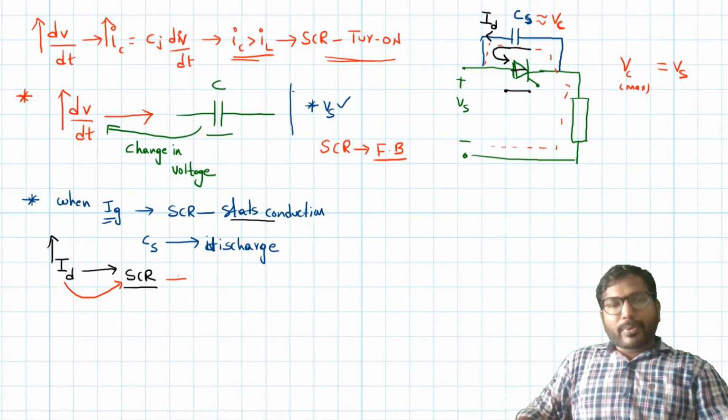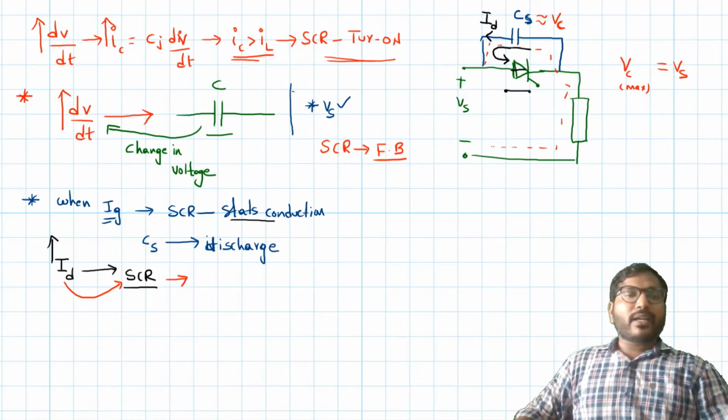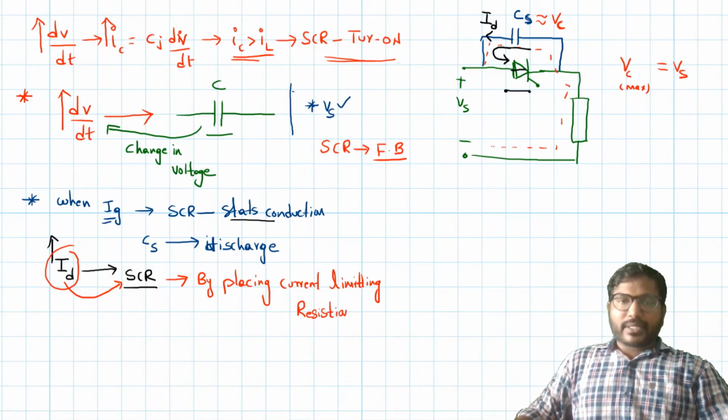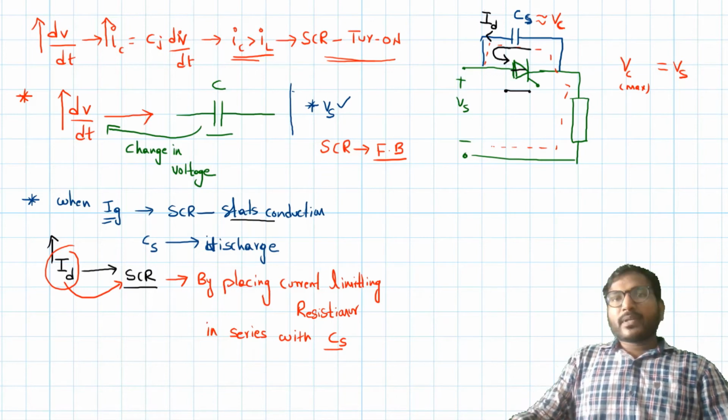So we have to protect the SCR from these high values of discharging current by placing a current limiting resistor in series with the capacitor.